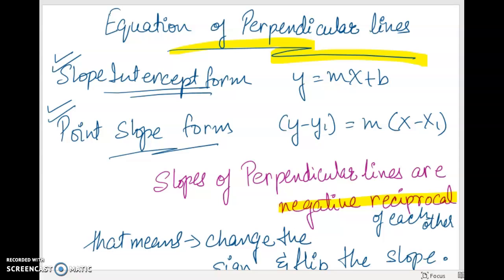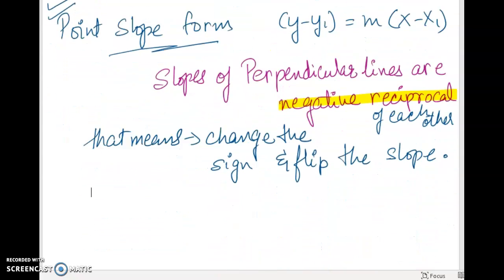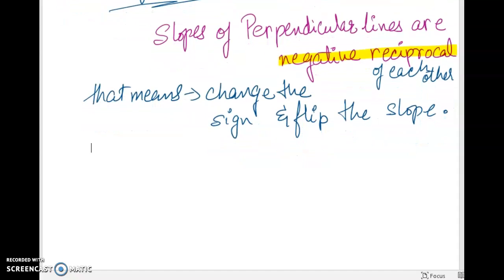What does that mean? That means if I have to find the slope of a perpendicular line, I will change the sign of the given slope and flip the slope. Let's understand. Let's say given slope m1 is 2. So 2 is nothing but I can rewrite it as 2 over 1, right?